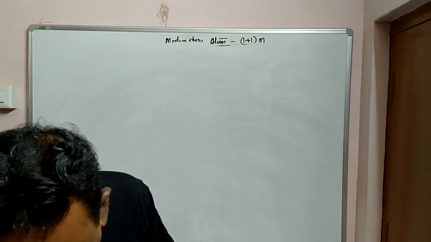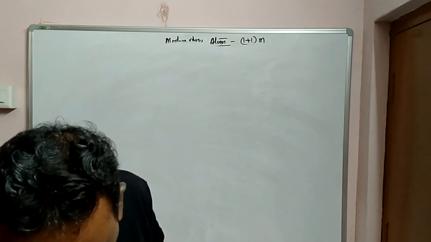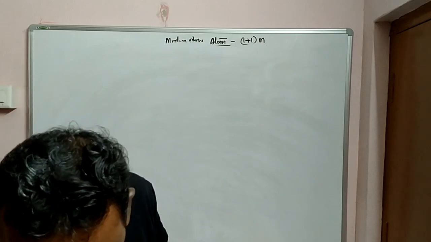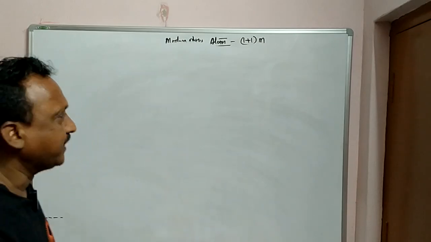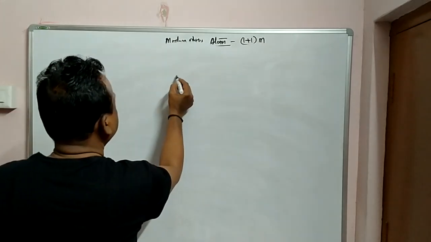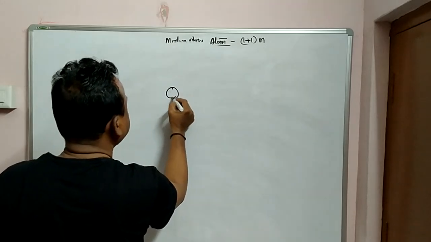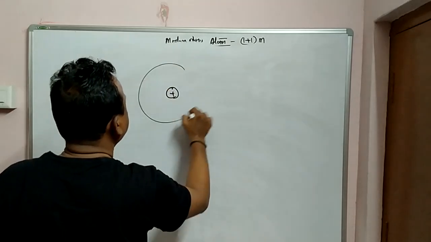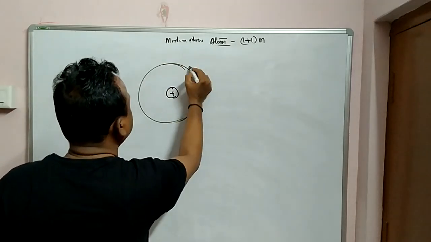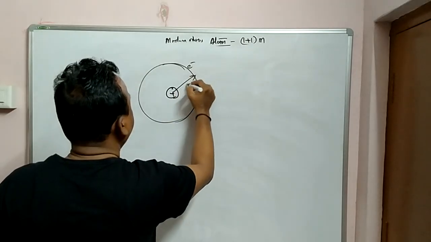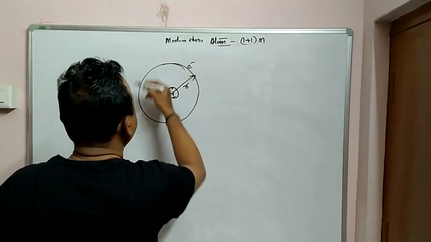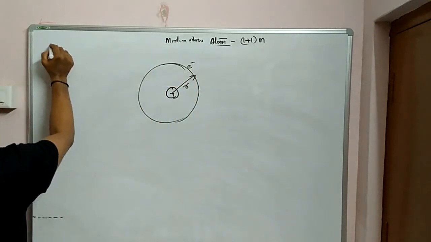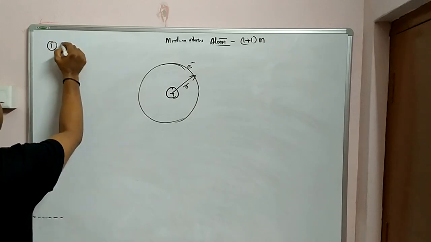Now, in the same fashion, let us go forward with the subject and try to find the radius of the orbit. How to find the radius of the orbit? So we all know this is the nucleus. This is the electron revolving. This is the radius r. According to Bohr's postulates, first, Coulomb's force.